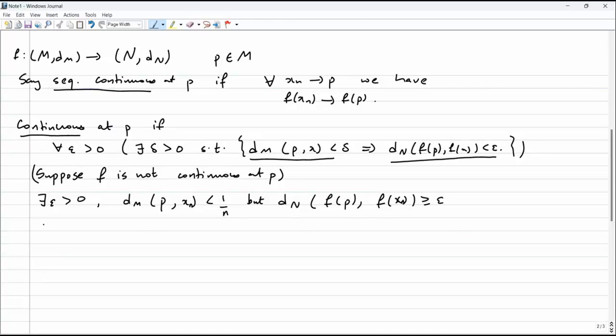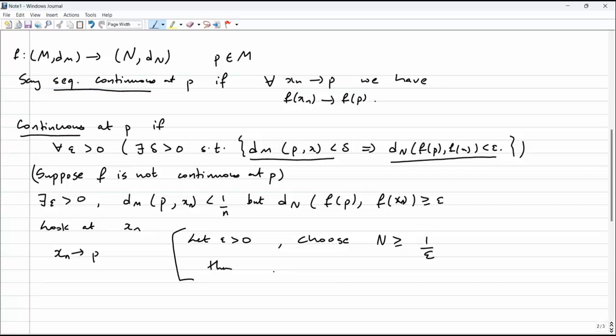Here's how it goes. Look at xn, and xn converges to p. How do you show something converges to p? You let epsilon greater than 0 be arbitrary, and then choose a natural number n to be bigger than or equal to 1 over epsilon.